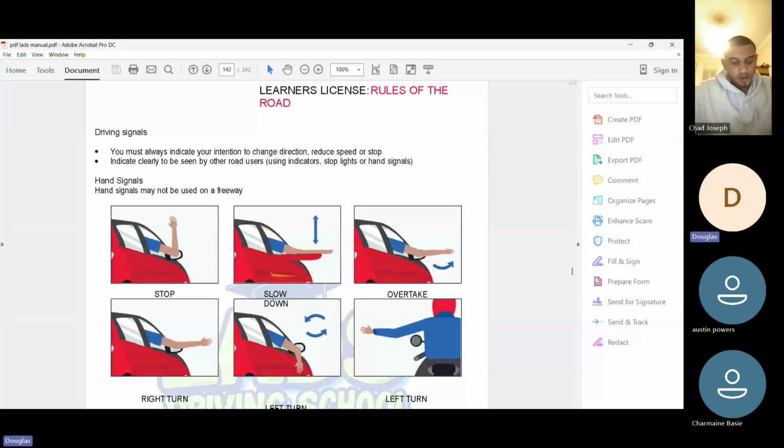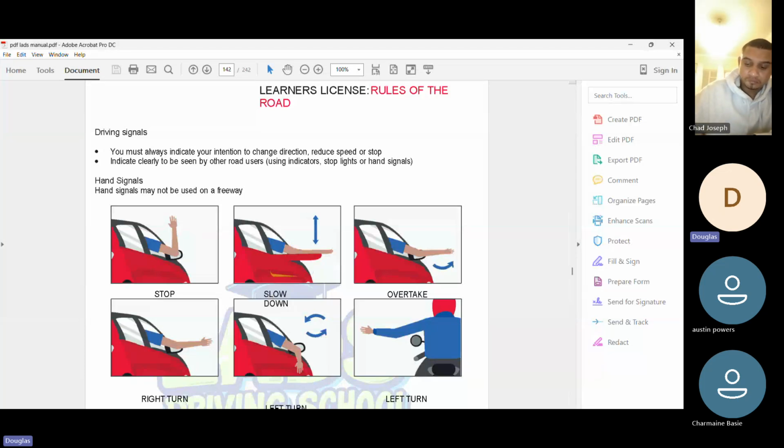One, you're giving hand signals. Two, you are trying to communicate that your car is giving you a problem. If neither of these applies, you're not allowed to have your hand or a part of your body outside of the car. Even if it's hot and it's burning you inside of the car, you're not allowed to take your hand outside of the car.